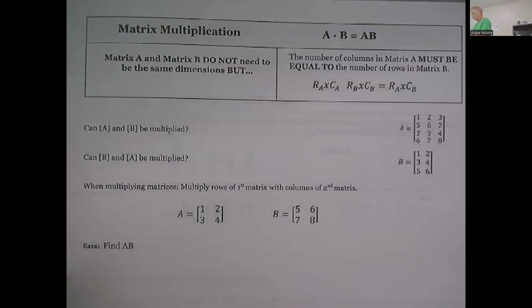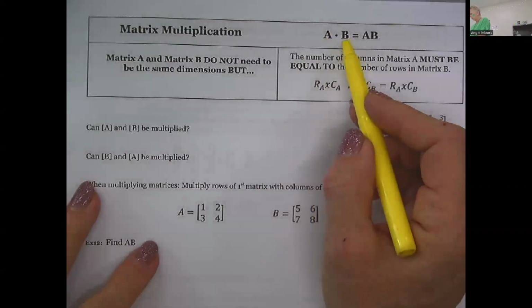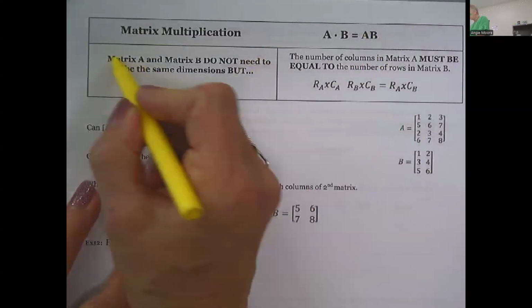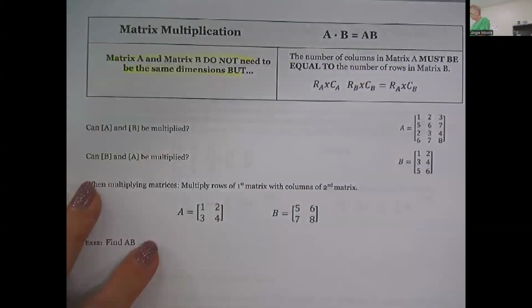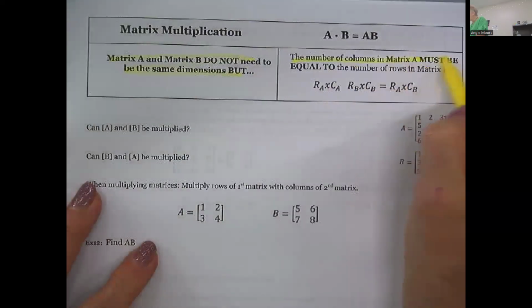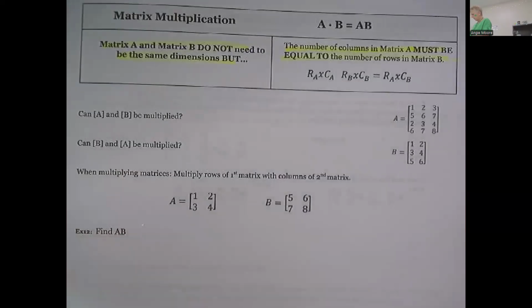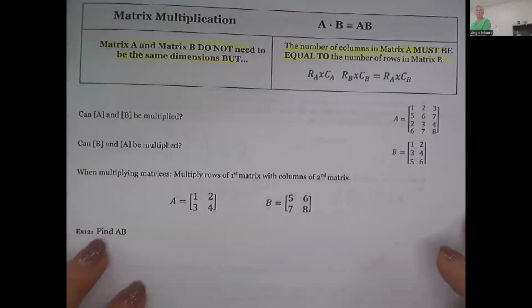So when you multiply matrix A times matrix B, they don't have to be the same dimension, but the number of columns in A must be equal to the rows in B. The number of columns in A must be the same as the rows in B. So let me see if we can talk this through.